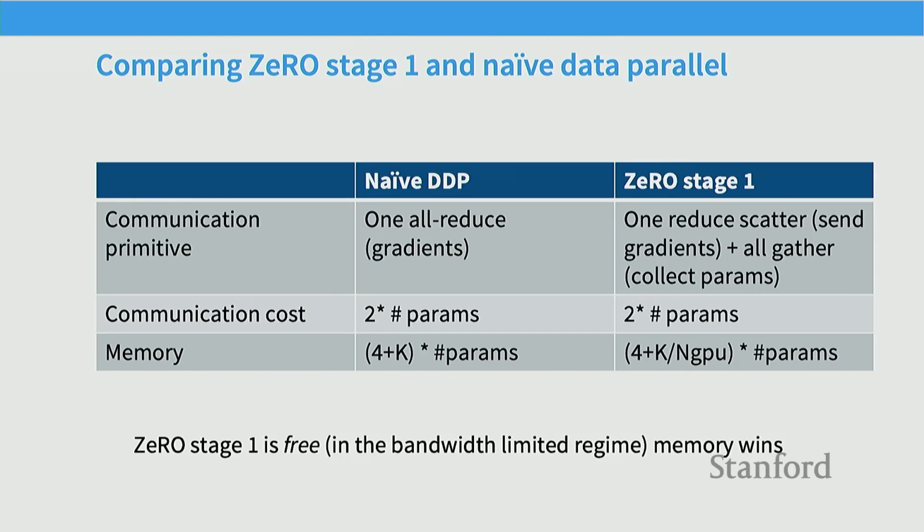But if we're clever about how we're doing the updates, we can do a reduce scatter and an all gather, and in between the 2 steps, we can do some computation. And that gives us the same amount of communication cost, but now at least for the optimizer state, we fully sharded the optimizer state across the model. So ZeRO stage 1 is in some sense free in the bandwidth limited regime and gives you memory wins.